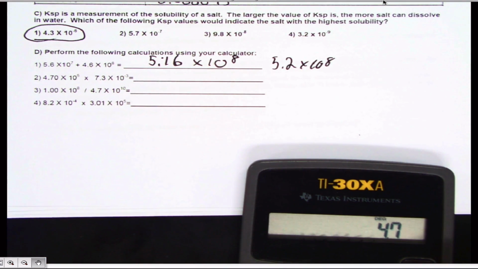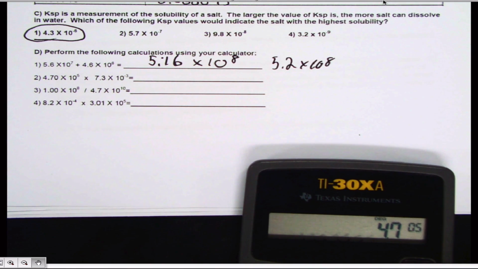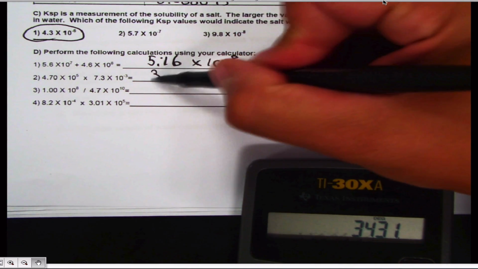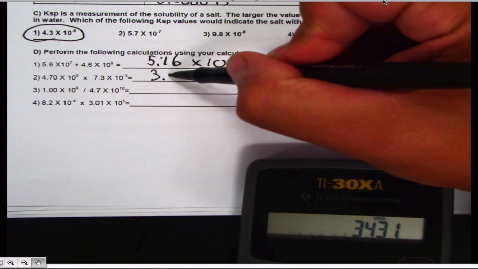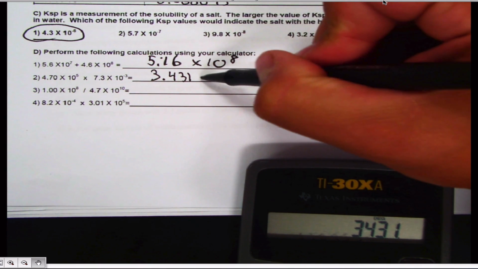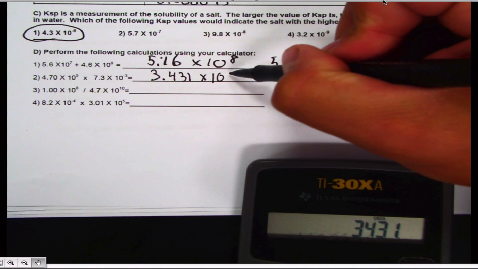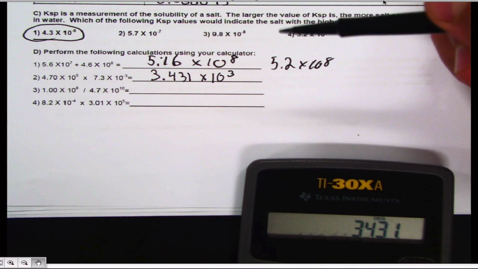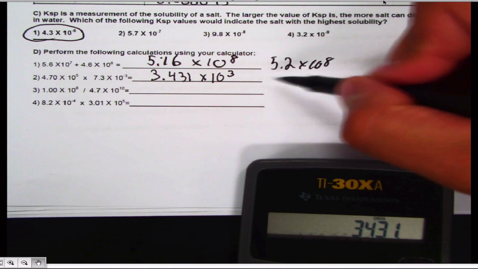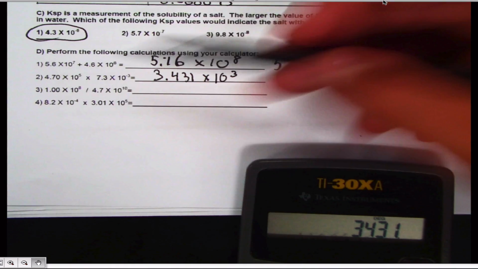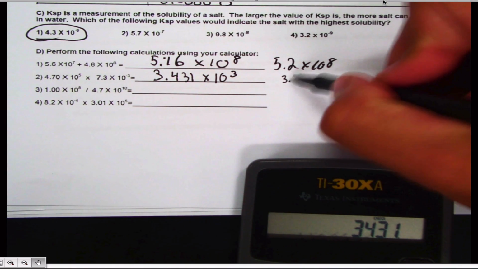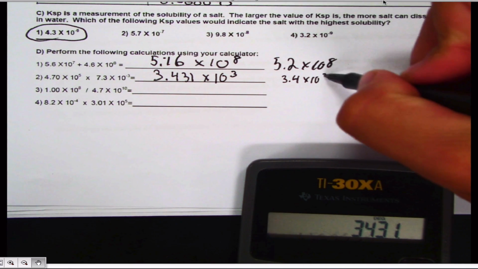All right, so 4.7 exponent to the 5th times 7.3 exponent to the -3rd, and I got 3.431 times 10 to the 3rd, which rounded to two significant figures would be 3.4 times 10 to the 3rd.